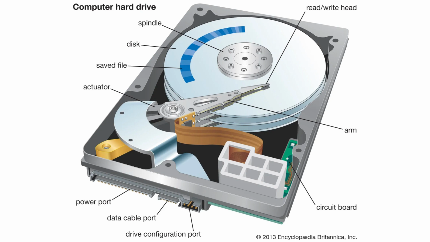Let's see the structure of a hard disk. Please see the diagram on the screen. A hard disk contains a stack of platters, circular metal disks that are mounted inside the hard disk drive and coated with magnetic material, sealed in a metal case or unit.